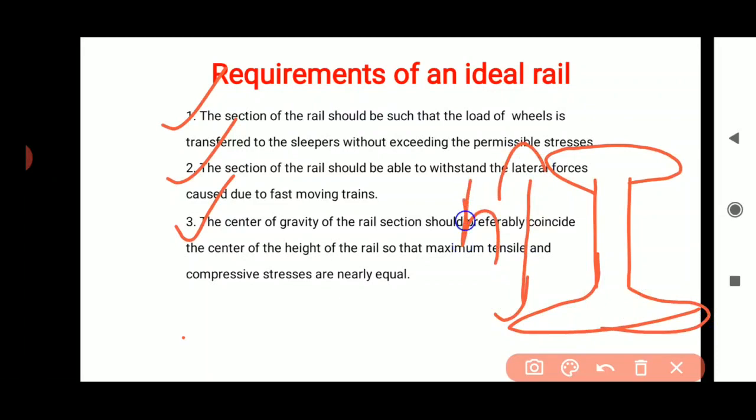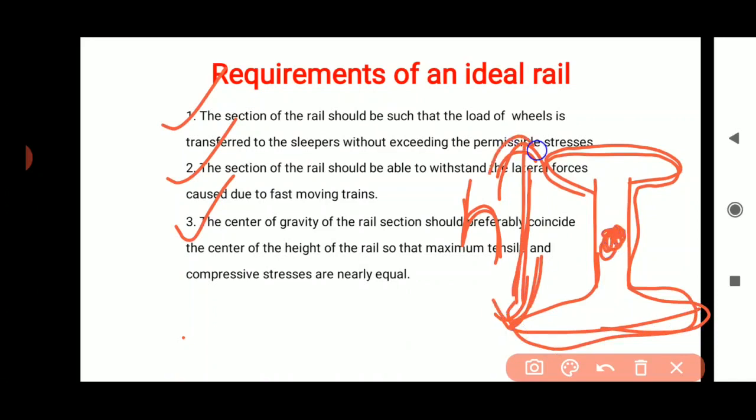The center of this height may be at this point. So what it is saying is that the CG of this rail section should lie at the center of the height of the section.